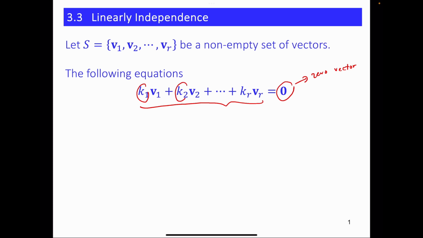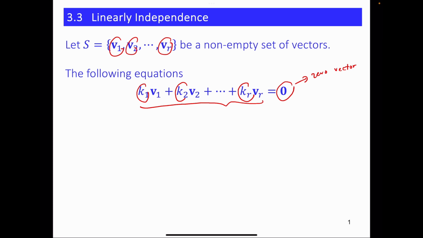K1, K2, up to Kr are any scalars, and V1, V2 up to Vr are vectors in set S. So we might question: do the values of scalars K1, K2 up to Kr exist such that this equation holds true?